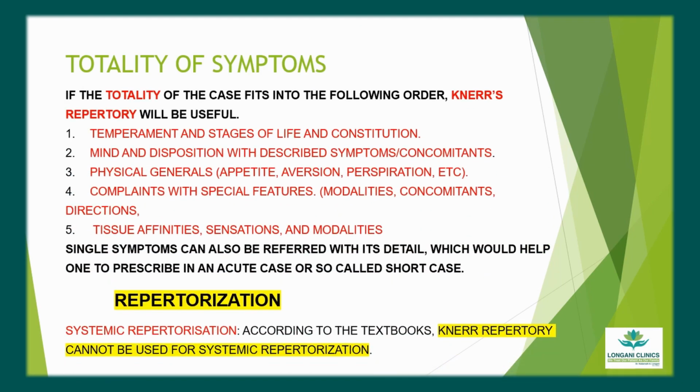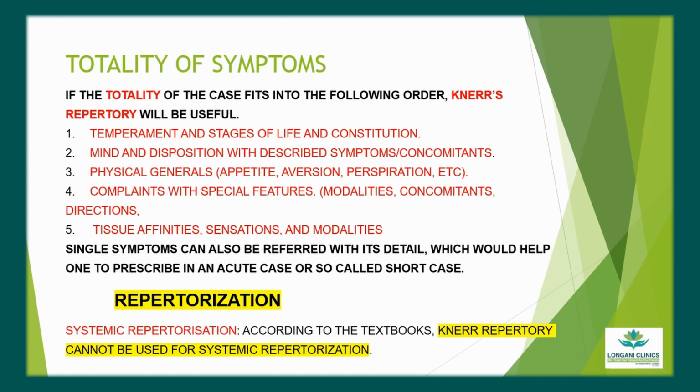Totality of symptoms. If the totality of the case fits into the following order, Nair's repertory will be useful. 1. Temperament and stages of life and constitution. 2. Mind and disposition with described symptoms, concomitants. 3. Physical generals, appetite, aversions, perspiration, etc. 4.